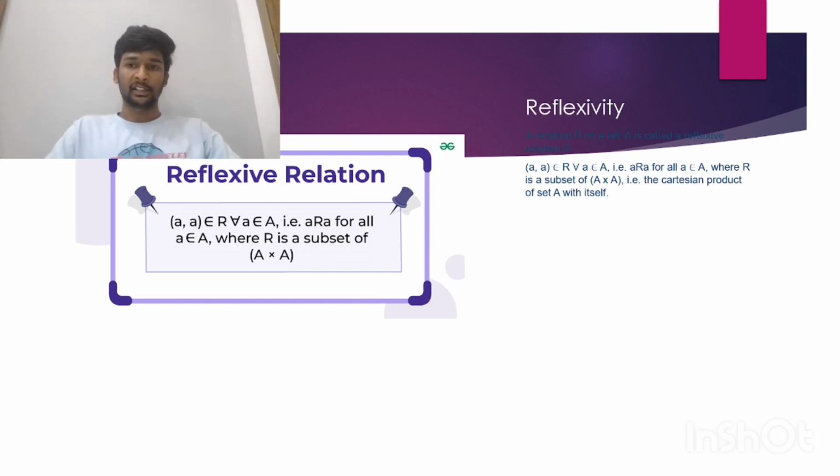A relation R on set A is known as reflexive, meaning every element should be related to itself. So it is a property which satisfies the equation. It comes under totally ordered set. And let's see the next one.